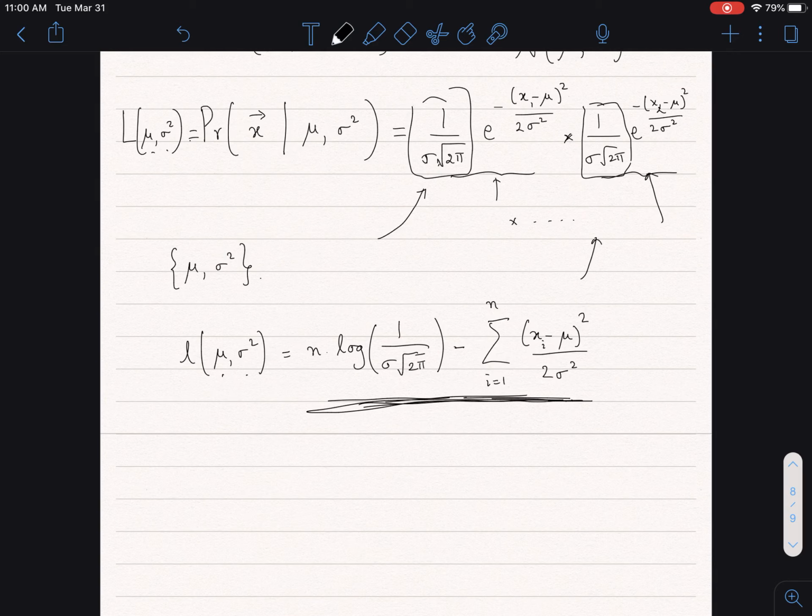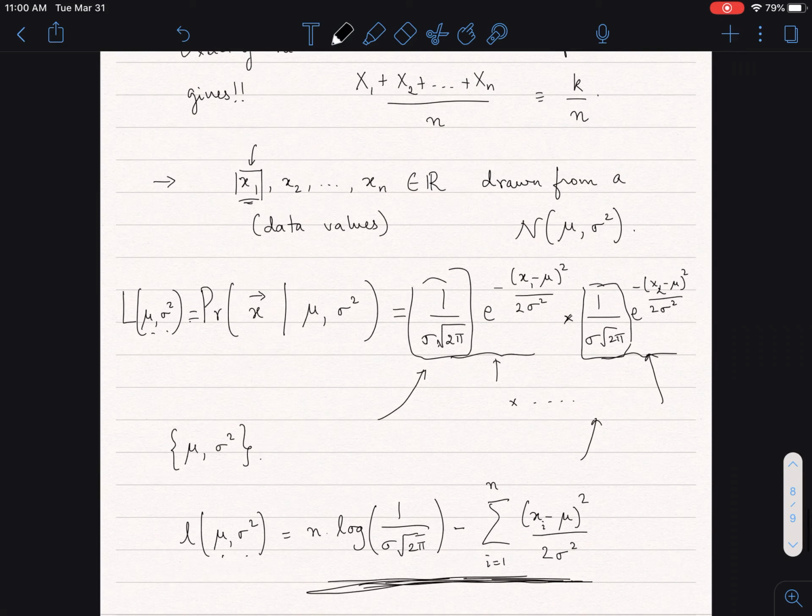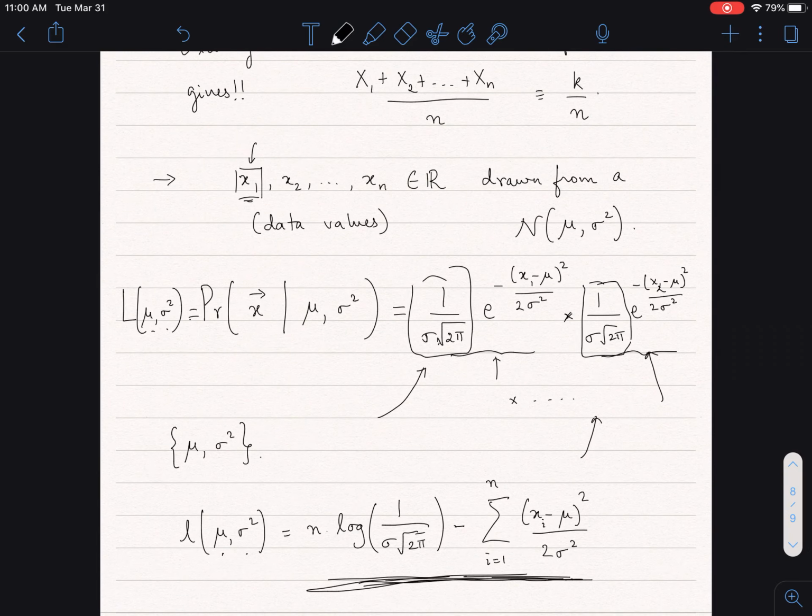Let me not do it because it's slightly outside the scope of this course, but this is a general principle. The general principle of maximum likelihood estimation is you write down this likelihood function. Usually you take the log, so you write down this log likelihood function, which is the probability of observing the data given the parameters.